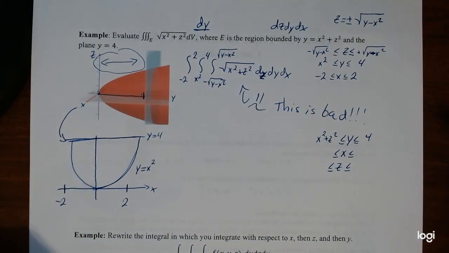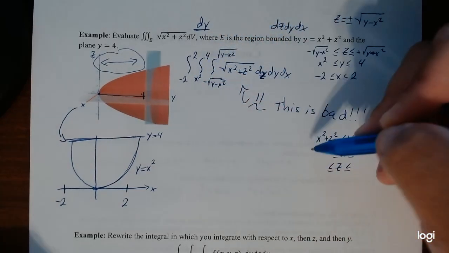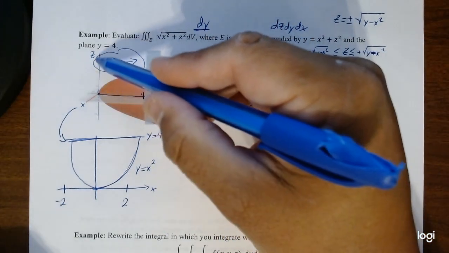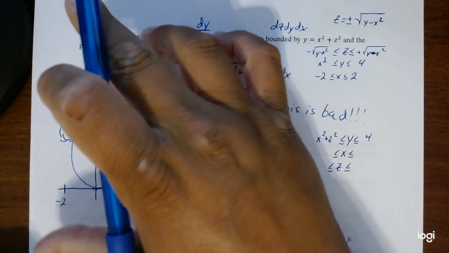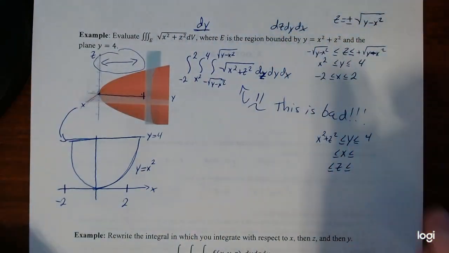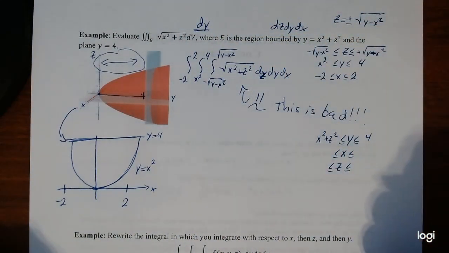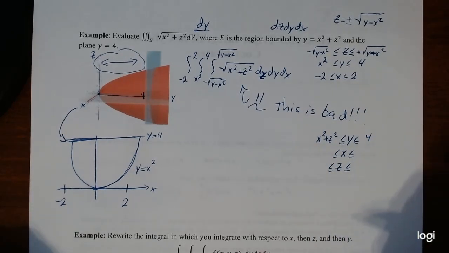Okay, good. But now we want everything in terms of x and z. So x and z is this plane here, right? So if I project it onto here, how do I do that?